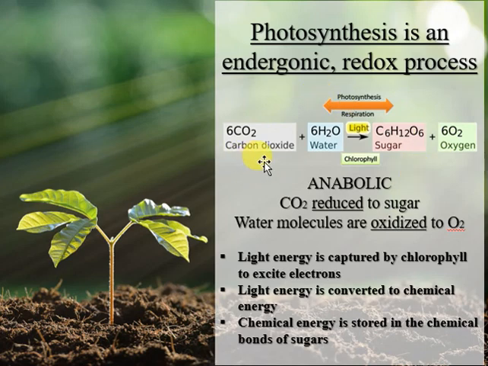So you'll incorporate 6 molecules of carbon dioxide plus 6 molecules of water and light. Again, light is going to be your energy source to allow for the production or yield of carbohydrates or a sugar molecule and 6 molecules of oxygen.